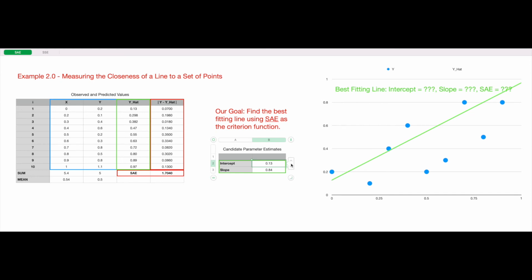Let's see here. Maybe if we decrease this a little bit. Okay, you can see here that the SAE value is decreasing. Okay, it's still going down a bit.